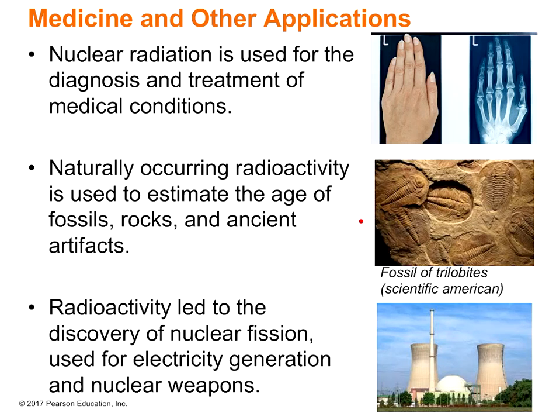Additionally, naturally occurring radioactivity is used to estimate the age of fossils, rocks, and ancient artifacts. On the right-hand side is a picture of what are called trilobites. These little guys were alive even before dinosaurs.